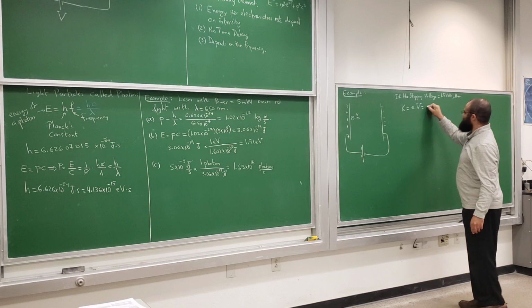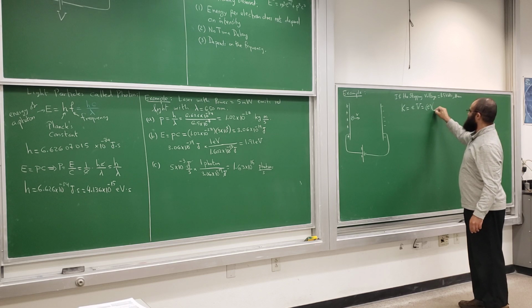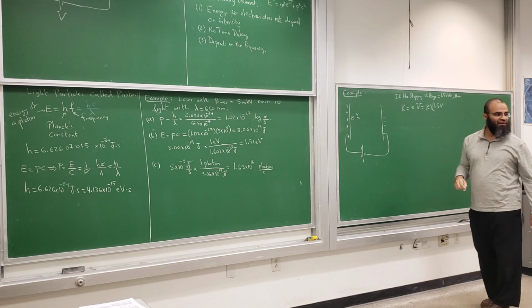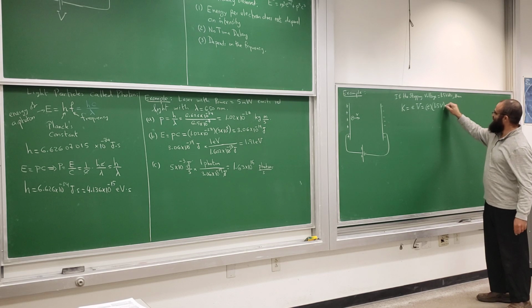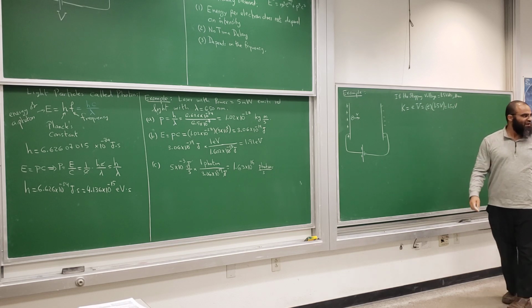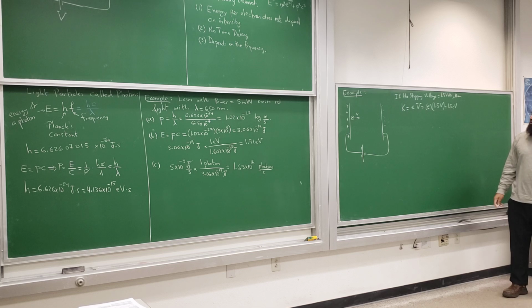The charge of an electron is e, and the voltage is 1.5 volts, right? So I can write this in eVs first. So it's simply 1.5 electron volts. It's really simple. So with eVs, it's a convenient unit.